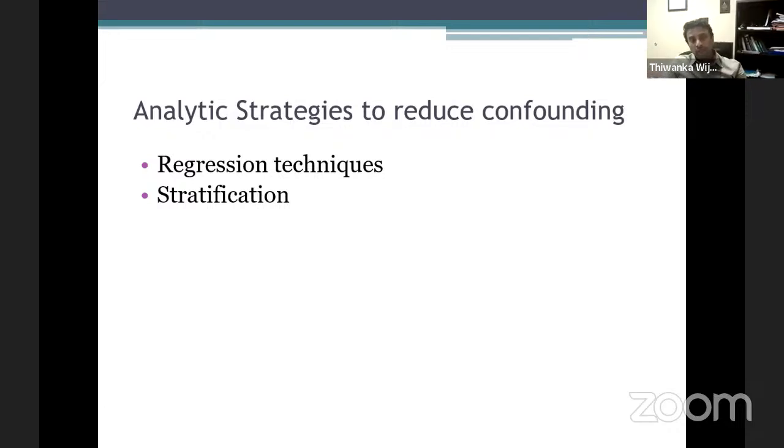And you can also do what is called an adjusted analysis. Given the availability of time, I won't go into details, but you can do what is called a regression analysis, where you statistically control for smoking, BMI, etc. And then when controlled for these variables, you can come up with estimates for the exposure outcome that you're interested in primarily.